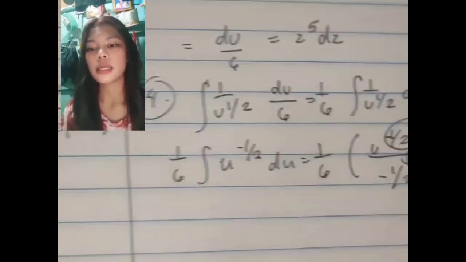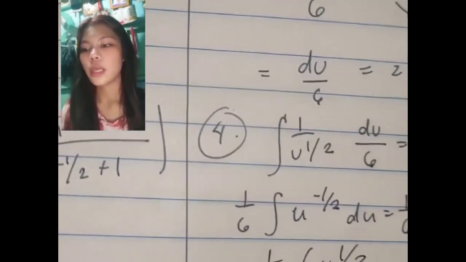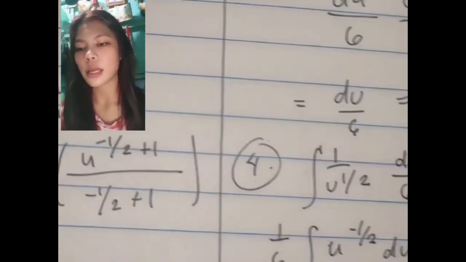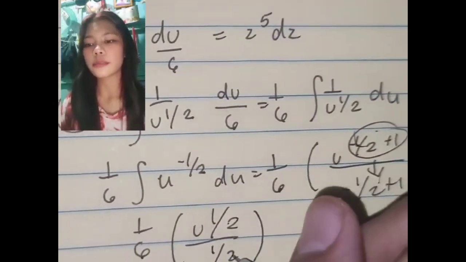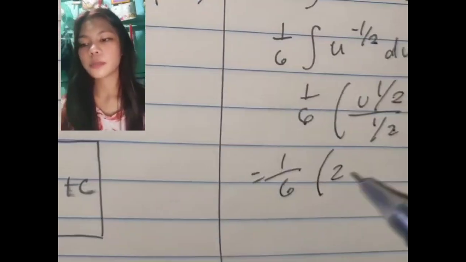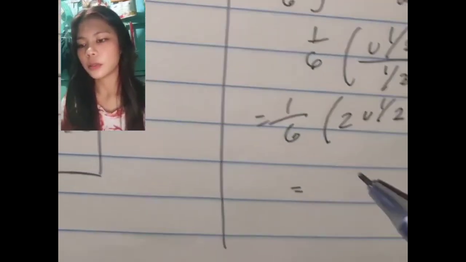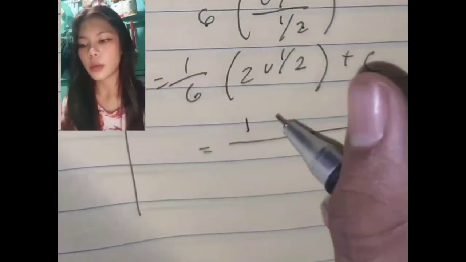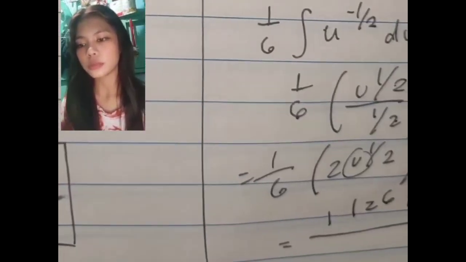So the exponent of u will become the denominator also. Then substituting back the inner function, which is z raised to 6 plus 12, raised to 1/2 over 3, plus c.